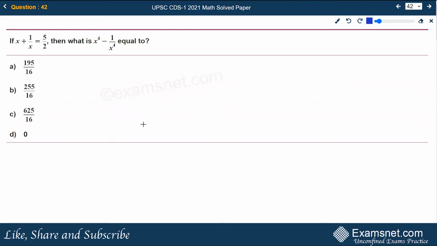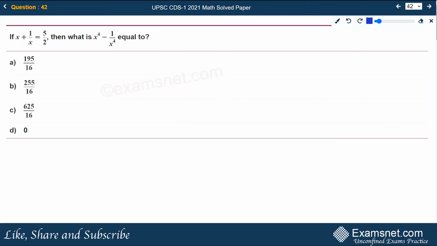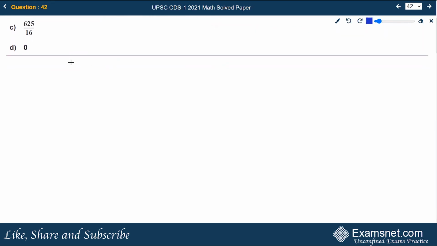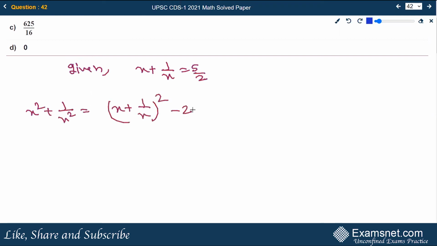In question number 42, we are given: if x plus 1 by x equals 5 by 2, then what is the value of x to the power 4 minus 1 by x to the power 4? So we are given x plus 1 by x equals 5 by 2. Now let's find the value of x square plus 1 by x square. The formula is (x plus 1 by x) whole square minus 2.